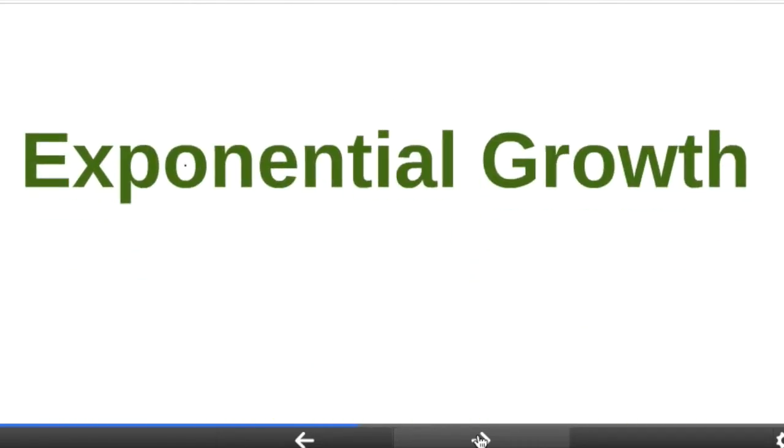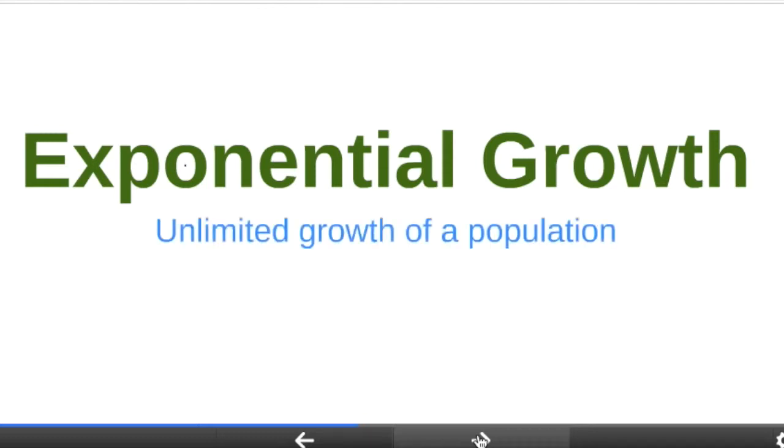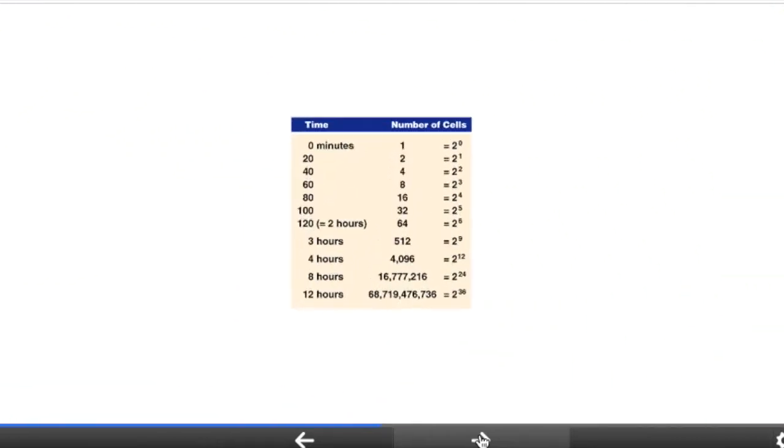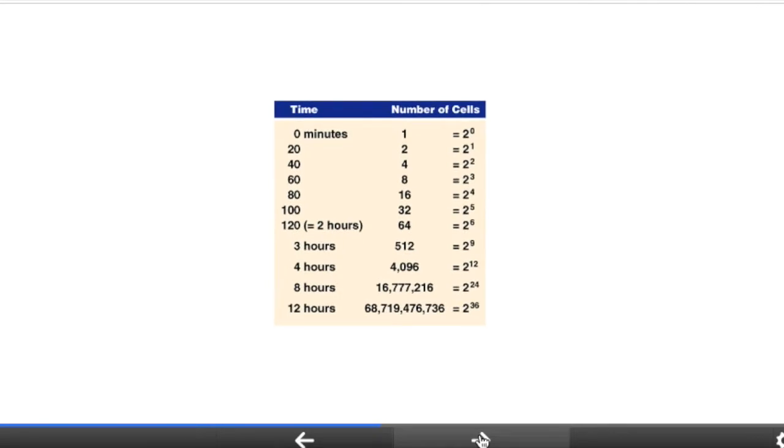When you have populations that move into a new environment, you tend to see what is called exponential growth. This is unlimited growth of a population. Exponential growth is best described by bacteria growth. Bacteria can divide roughly every 20 minutes. When bacteria divide every 20 minutes, they begin to experience exponential growth.